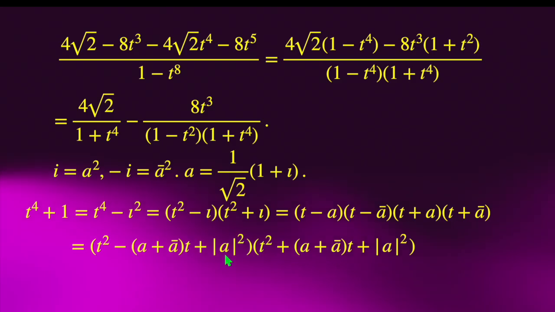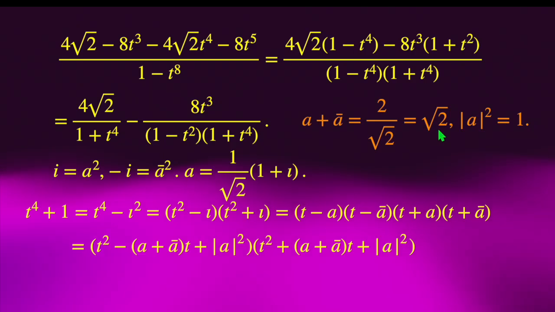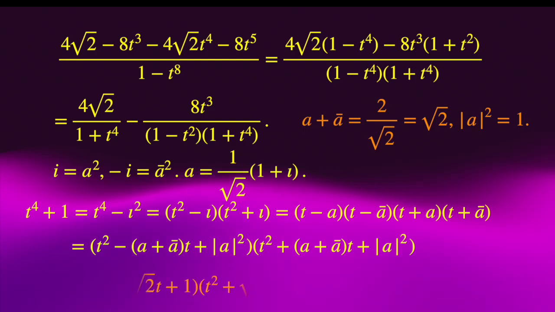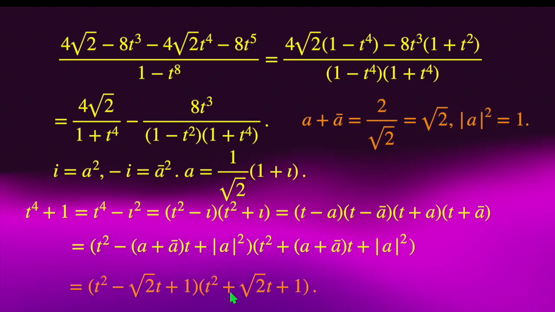Now if you compute a plus a conjugate, you will get the square root of 2, and the modulus of a is equal to 1. And now we have shown that t to the power 4 plus 1 is equal to the product of these two polynomials. So now we are done with this quantity.